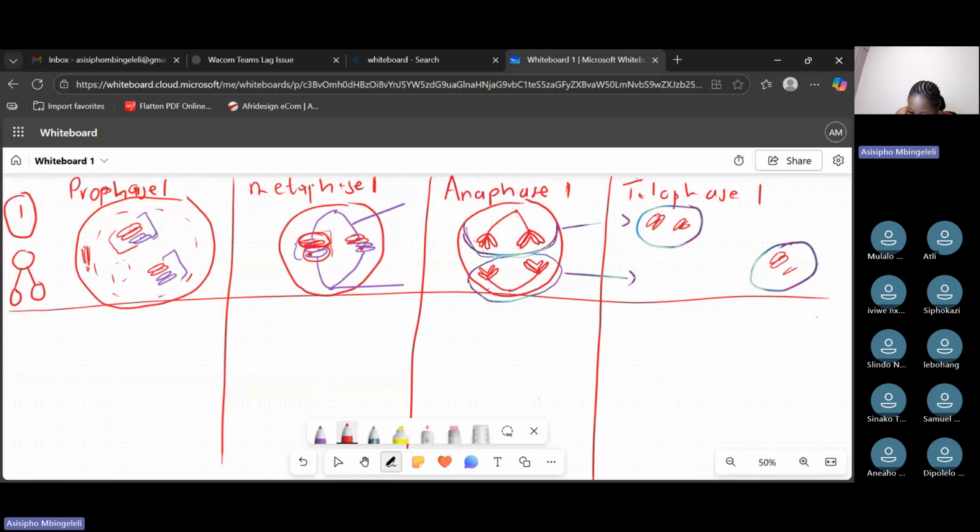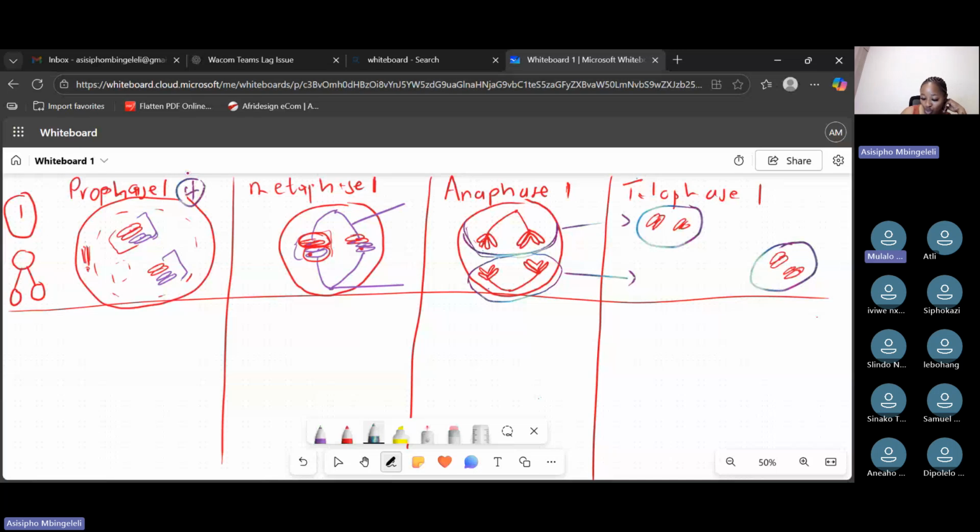Now, I want us to look at what we have here. Let's look at how many chromosomes we started with in prophase 1. And in prophase 1, remember, we had one cell. We had 4 chromosomes, and they were in pairs, meaning we had 2 pairs. How many chromosomes do we have in each cell at the end of telophase 1?